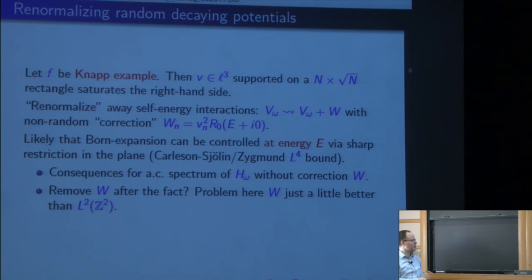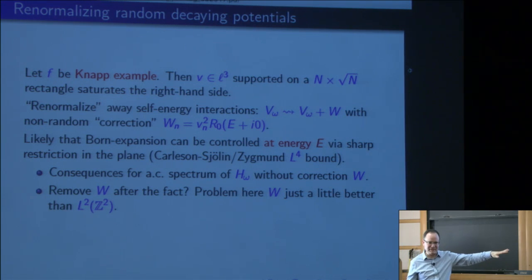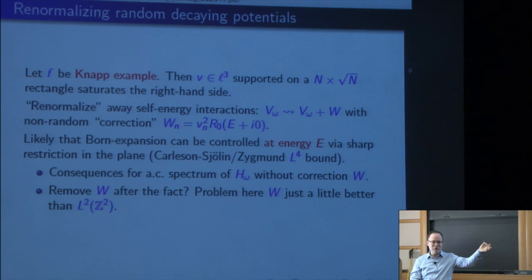That all sounds very reasonable, but what I do not understand is that the renormalization he proposes depends on the energy. Has to depend on the energy. If you are in the Anderson model, then Vn squared is a constant, and then this is a very nice function of the energy only. Here it is not, okay? In fact, if you work with little L4 potentials, this becomes a little L2 potential.